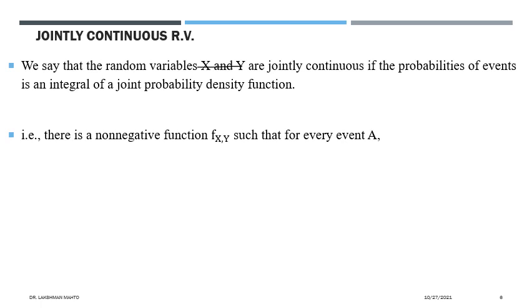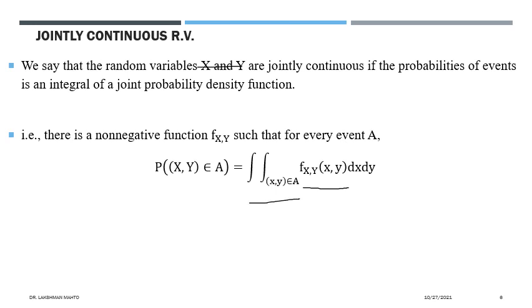So I would like to say that an event in the case of jointly continuous random variables happens to be a subset of a plane. We need to calculate the probability of that event. How? By integrating this non-negative function, which we call the joint PDF, over the region from which x and y take values jointly.